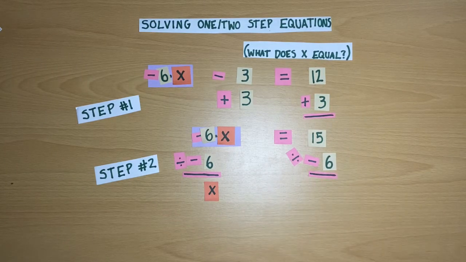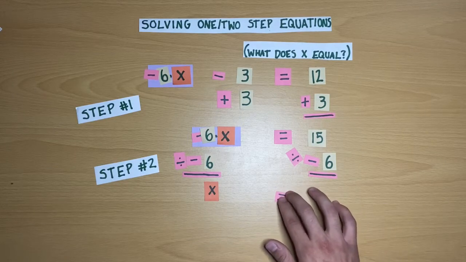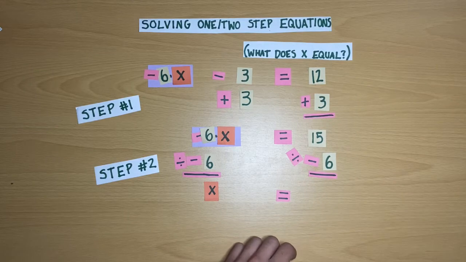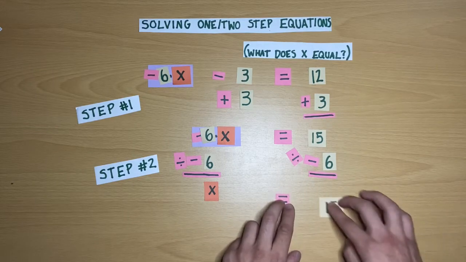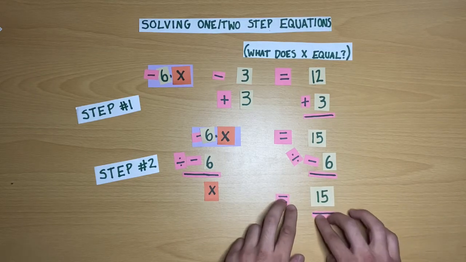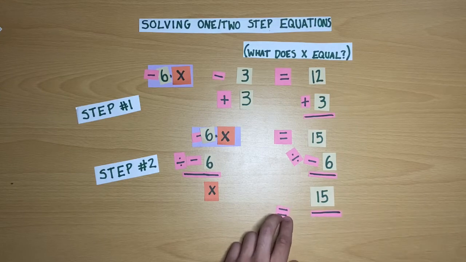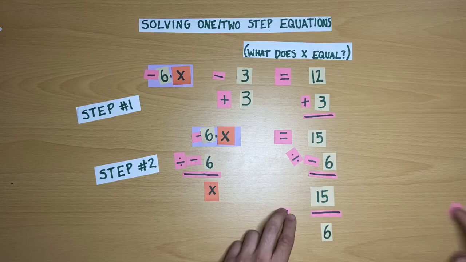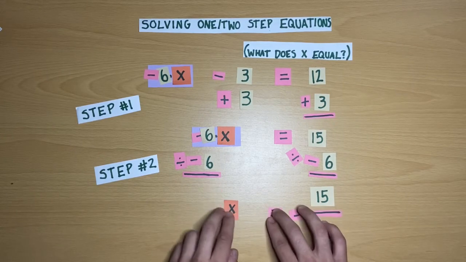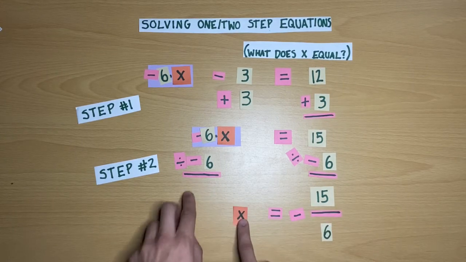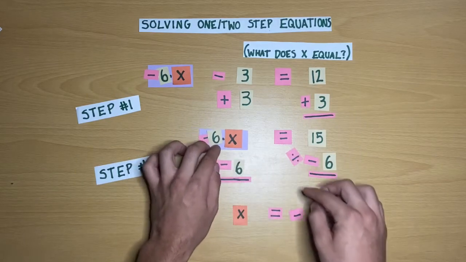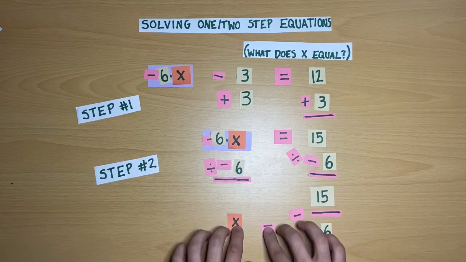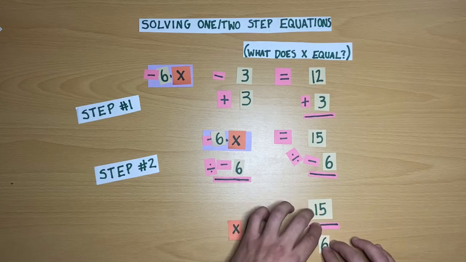And that actually will give us our final answer, which is negative 15 over 6. And it's okay to have fractions as answers. Negative 15. And so with that, we'll just bring this down here. We get x equals negative 15 over 6. And this will be our final answer.